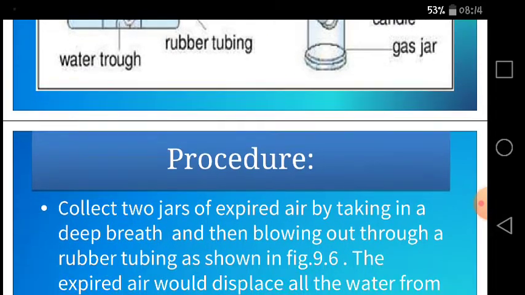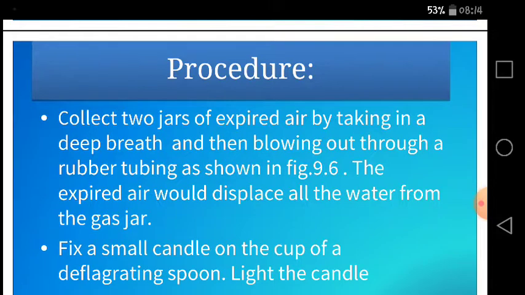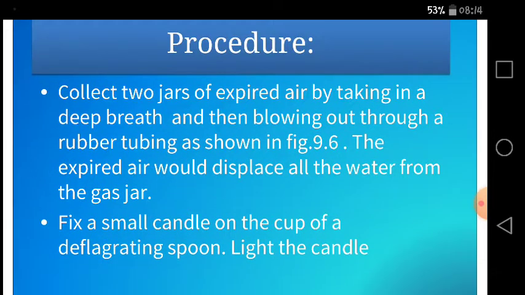What is the procedure? Now we are focusing on the procedure. Collect 2 jars of expired air by taking in a deep breath and then blowing out through a rubber tubing as shown in the figure. The expired air would displace all the water from the gas jar.